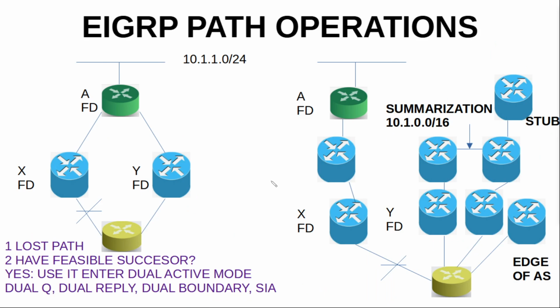Now let's see what happens if a failure occurs in the network. So in this case, the yellow router loses reachability to the successor router X. So in this case, for EIGRP, a question arises. Do we have a feasible successor for this destination?